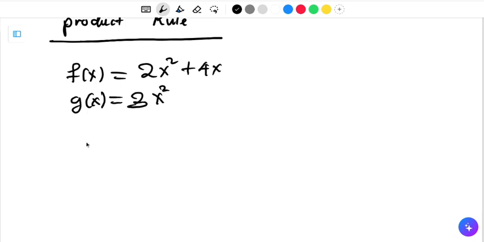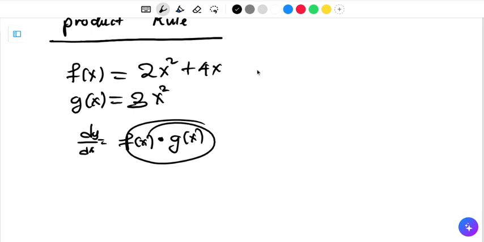Now we want to find the dy/dx of f of x multiplied by g of x. We are finding the dy/dx of this one. How can we go about that?